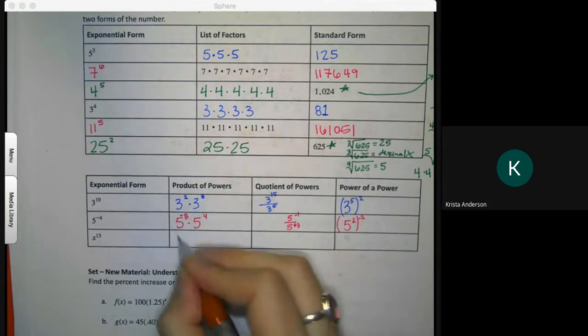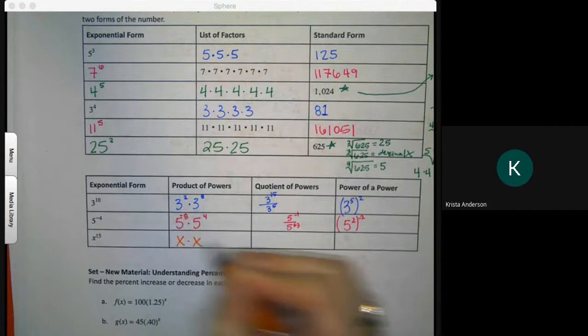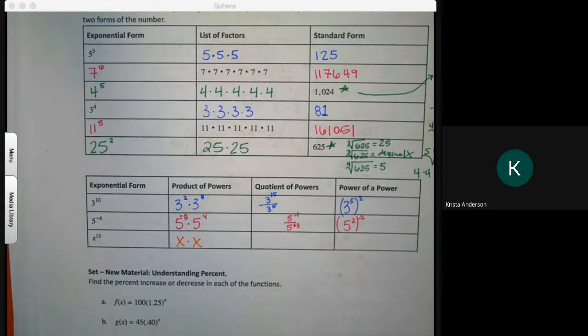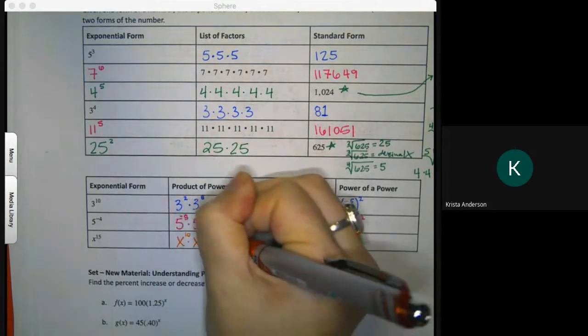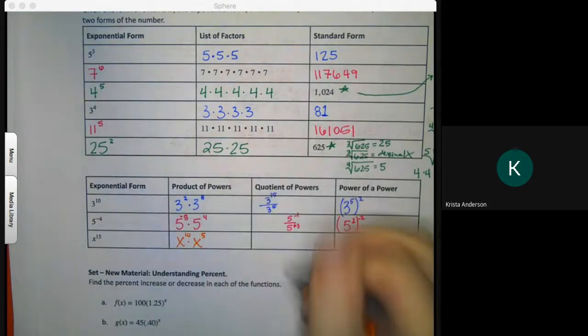X to the 15th. Anybody do that one? What did you do? 10 plus 5 is 15. Good. All right, quotient.